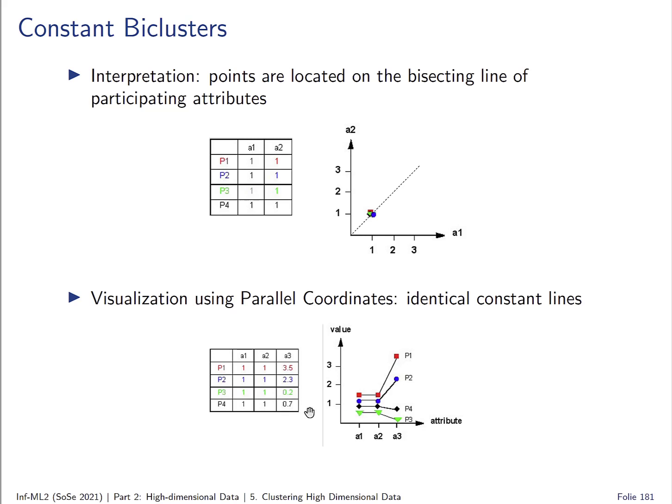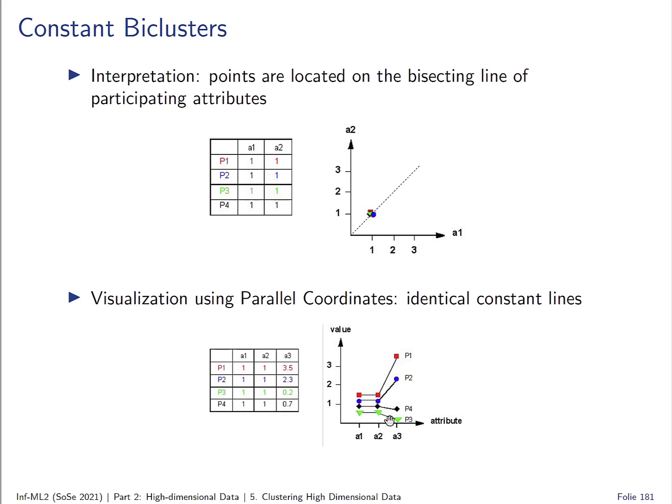For the green one we have 1, 1 in A2 and then 0.2 in A3. For the black one, P4, we have also 1, 1, so it should of course be identical for all these 4 points. So each observation is a kind of graph, because each observation has some specific value in each attribute, and we just record these values graphically and draw a line in between.